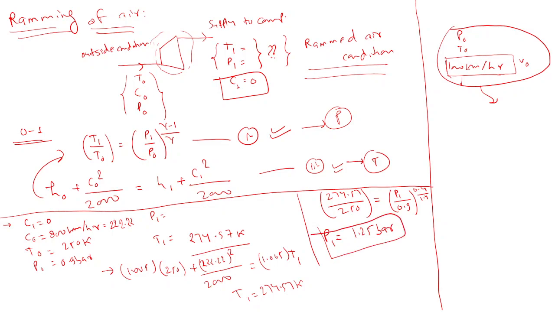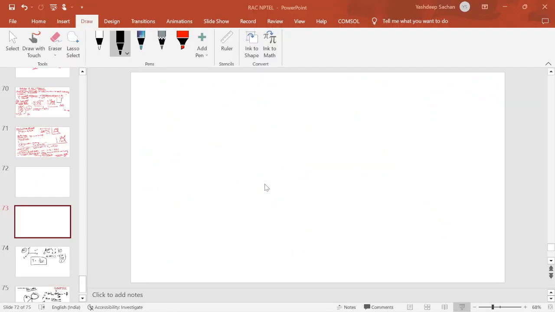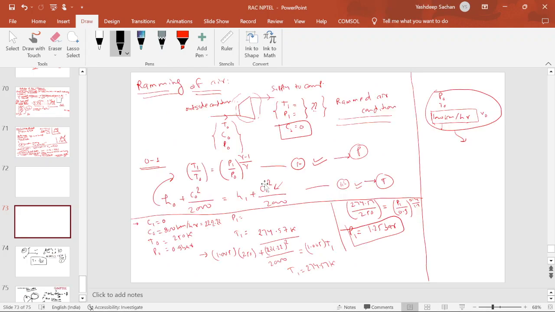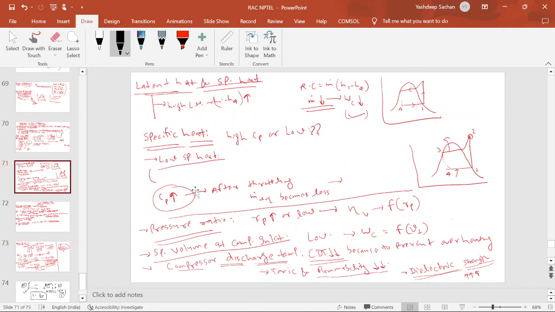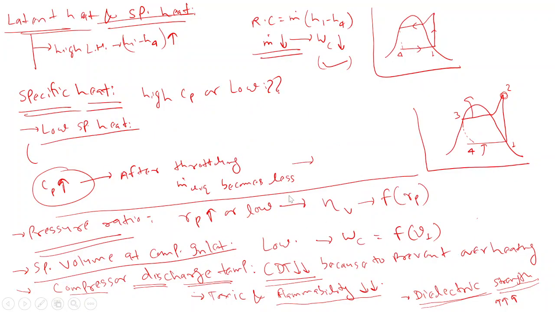So here the velocity and all this can also be given. Now coming again to why I told that low specific heat would be required.